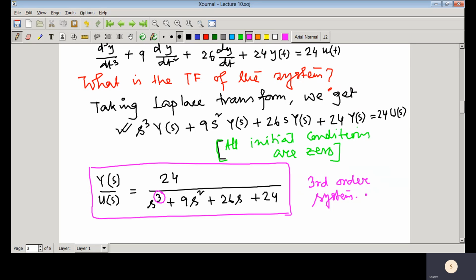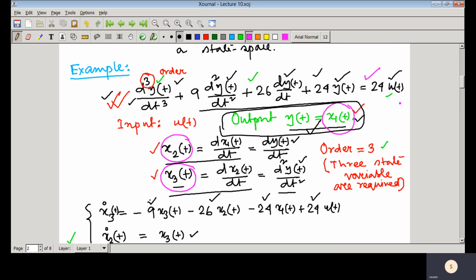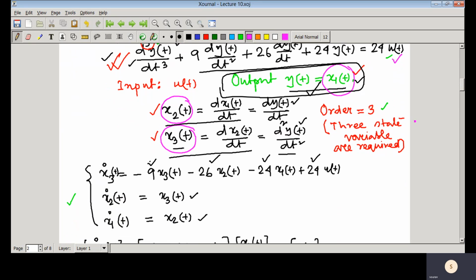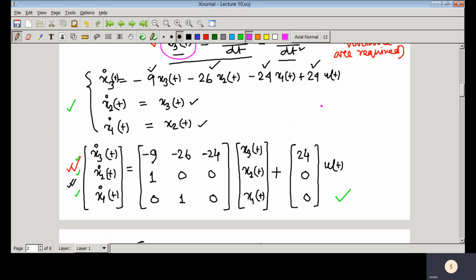So I think from this simple example you can understand that whenever a dynamical system is represented by a differential equation, the order of the differential equation tells you how many state variables you need to describe the system completely. So we need 3 state variables, and we have discussed how to represent that system in state variable form.